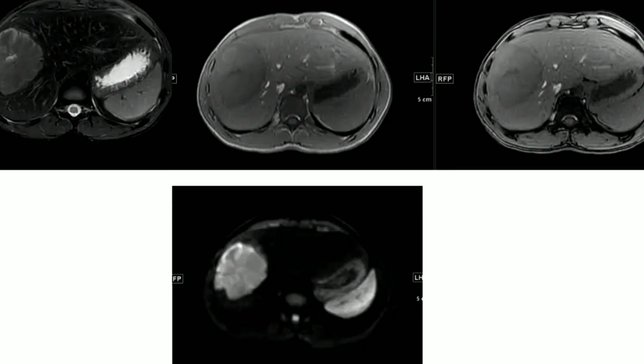So here I could appreciate a slightly increased signal area with slightly ill-defined lobulated margins in the T2 phase, with a central increased signal linear area, which is most likely a scar, as I have seen in the previous image.